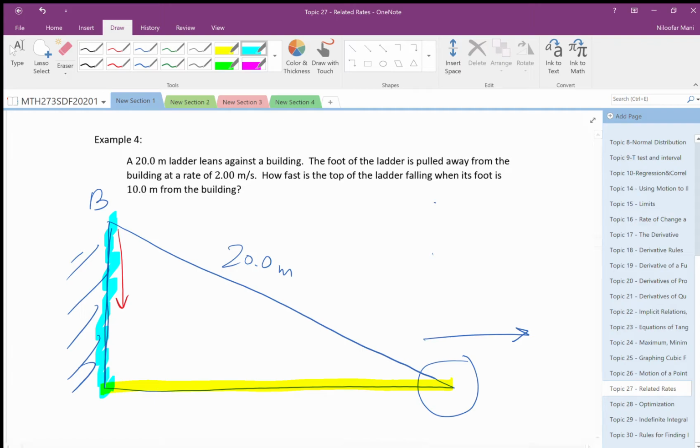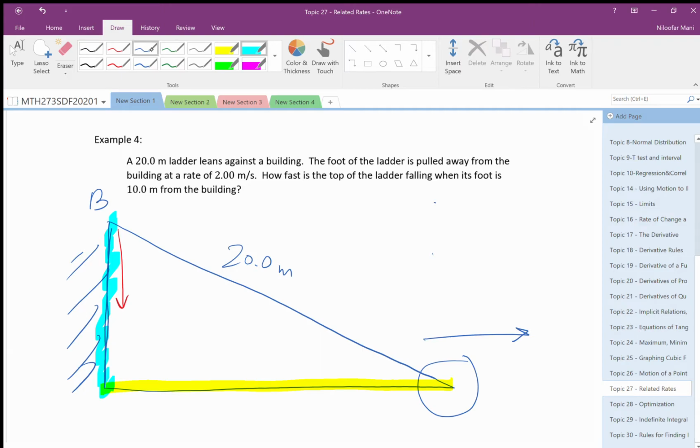For these kinds of questions, related rates, I told you, you need an equation. Either the equation must be given to you, like the previous question with the cone, where we know the volume of the cone, or I have to find the equation. So what is the equation here?